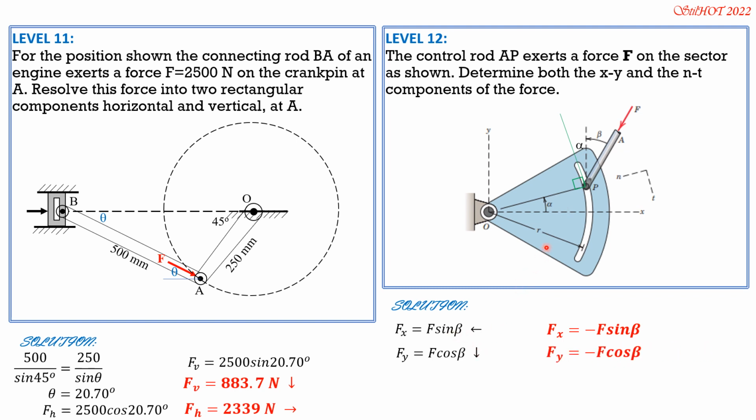For the tangential and normal components, we draw lines parallel to the normal and tangential through the tips of F, which is here. So we form this rectangle. This angle is alpha plus beta, and this is Fn, which is in the positive direction of the normal.